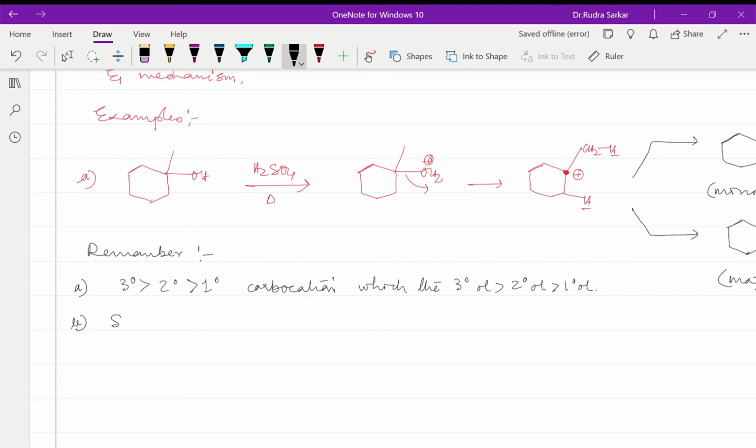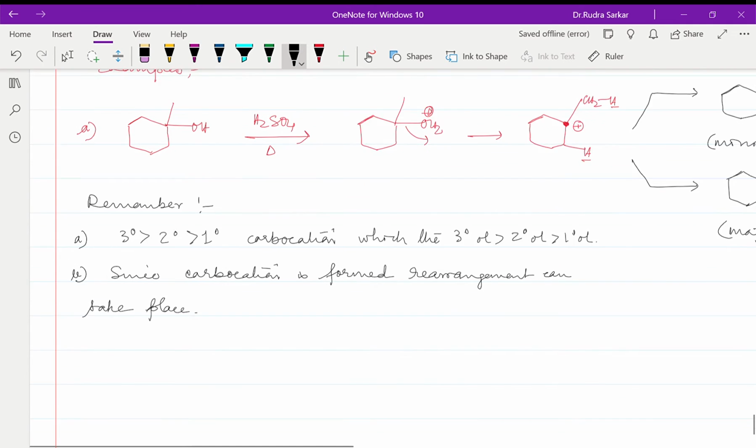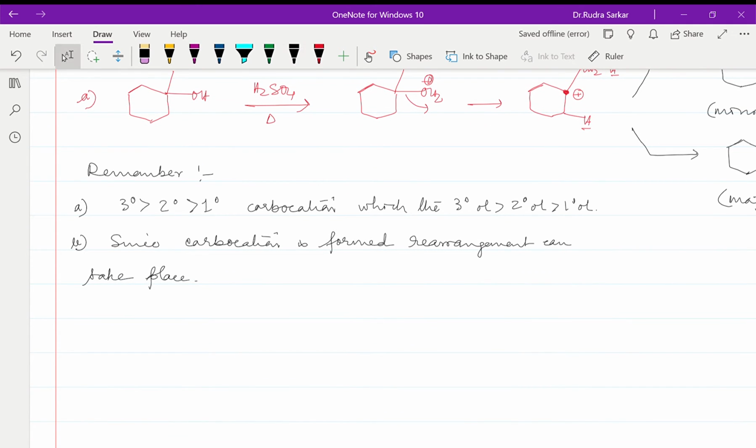Since carbocation is formed, rearrangement can take place. So if there is a 2-degree carbocation, it will rearrange to a 3-degree.